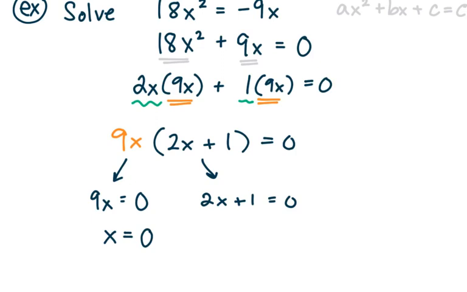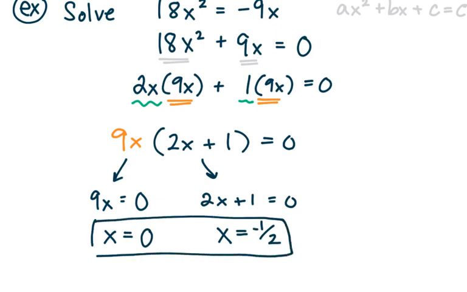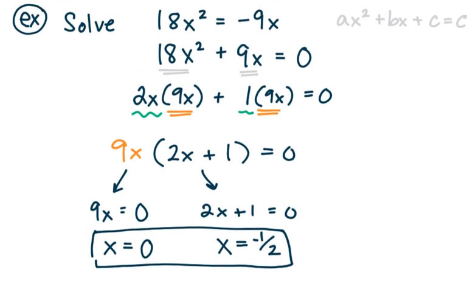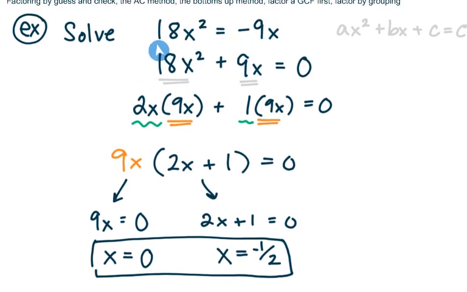And then for the other one, I will subtract 1 and divide by 2, and I have x equals negative 1/2, because we subtract 1 and then divide by 2. So you can see I have two unique solutions to the originally provided quadratic equation.